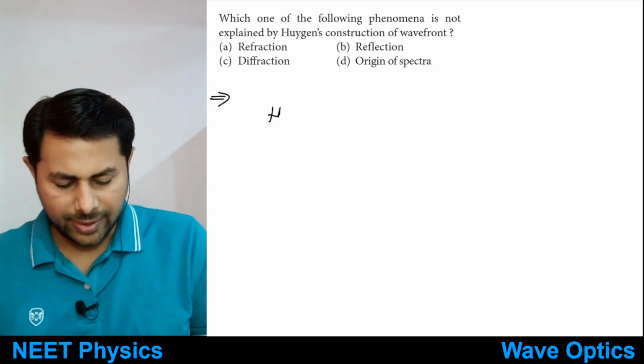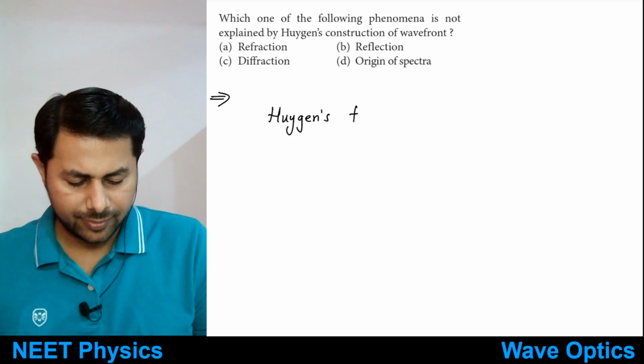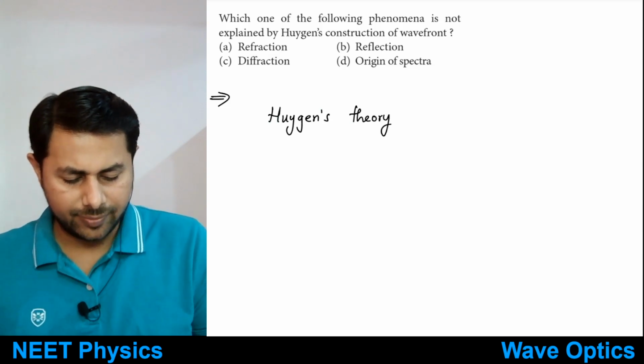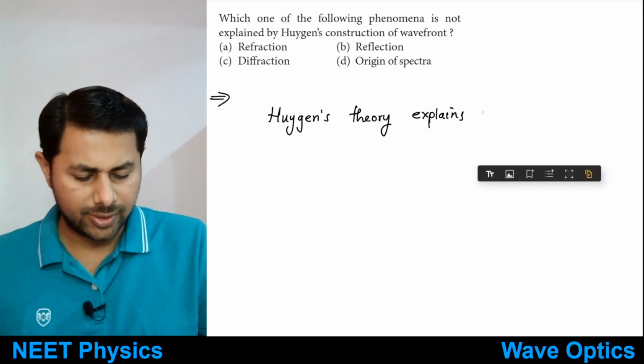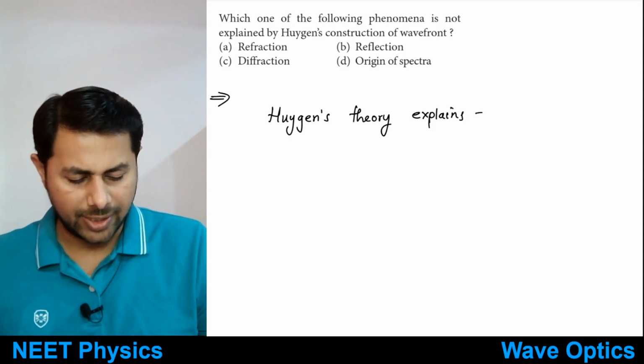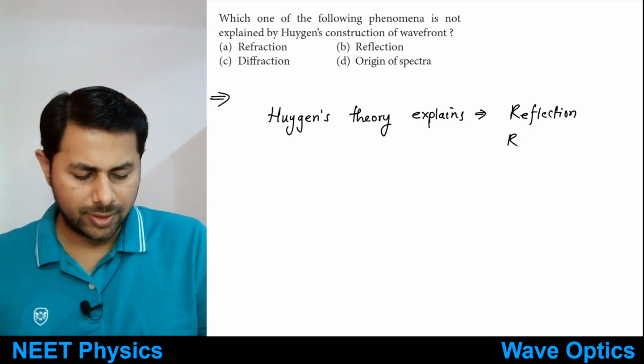Okay, Huygens theory could explain this thing: reflection, refraction.